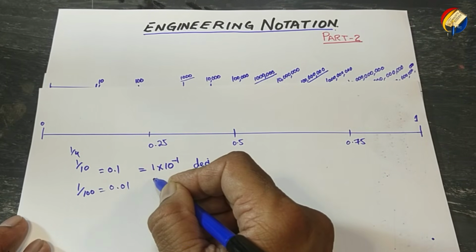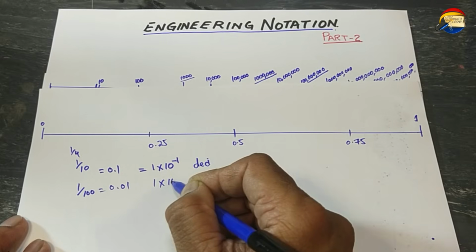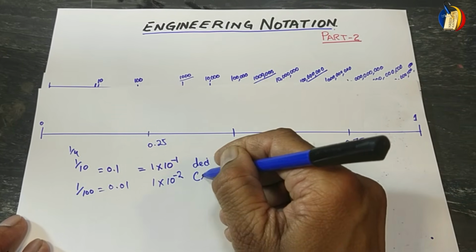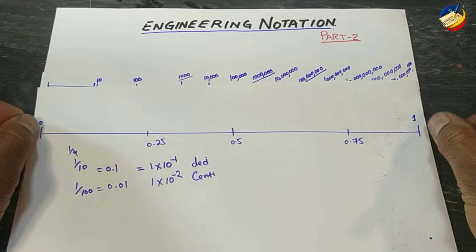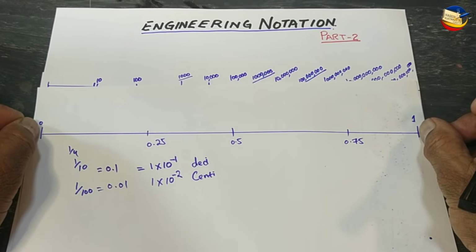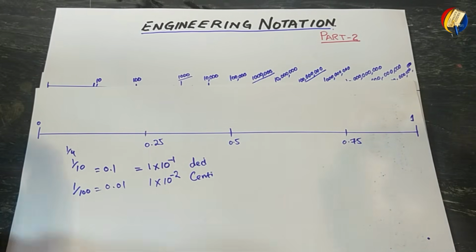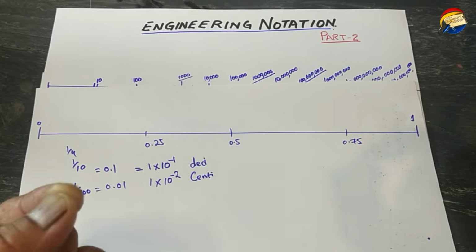In scientific notation, it will be called 1 into 10 raised to the power minus 2. That is centimeter, centiliter.